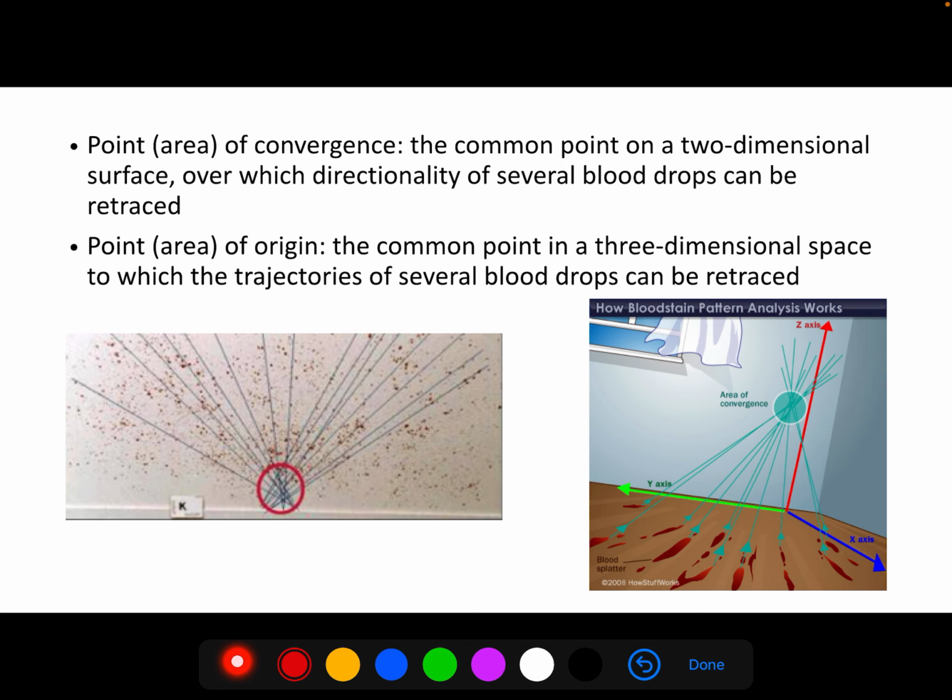And what they tend to do is they will use lasers or strings and have those strings going back at the same direction and from whatever angle of impact it was, and they'll look at in the three-dimensional space where all of those blood drops originated from. This can oftentimes help them figure out where a victim was or where a suspect was. And yet again, that can help them match up with witness statements and things like that.